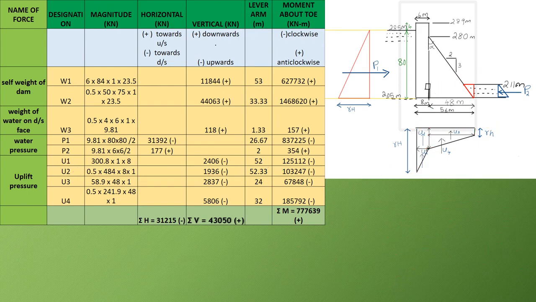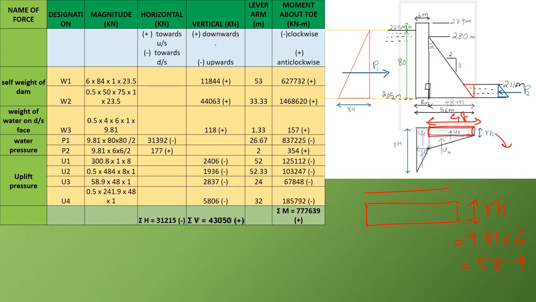To find out U3, there is a force due to this small triangle. Okay, if we enlarge that, this is U3, and height is gamma into small h, that is equal to 9.81 multiplied by 6, that is equal to 58.9. And this length is 48.